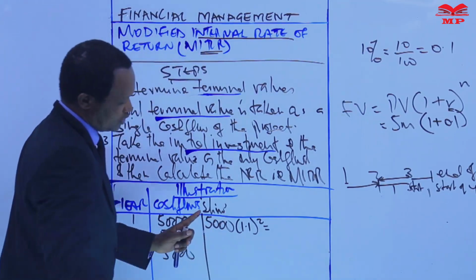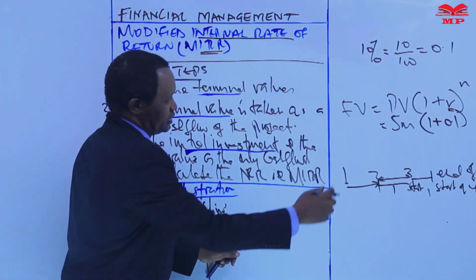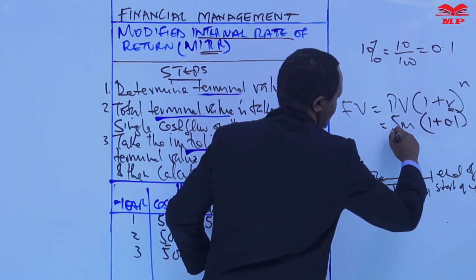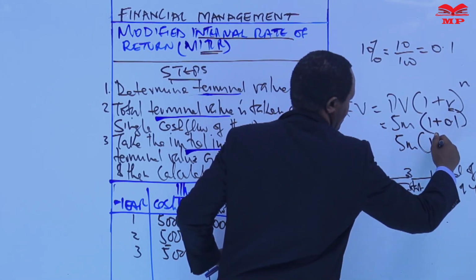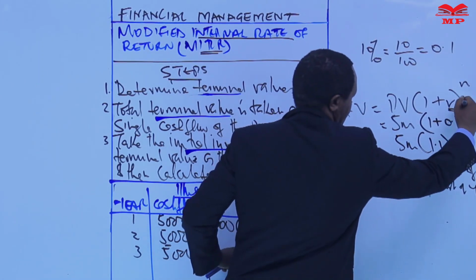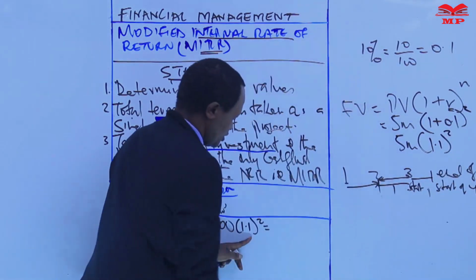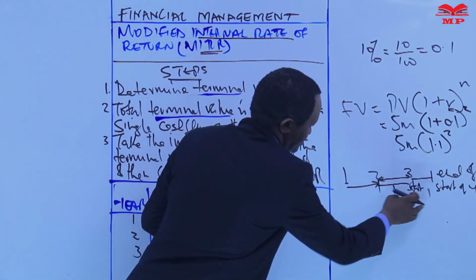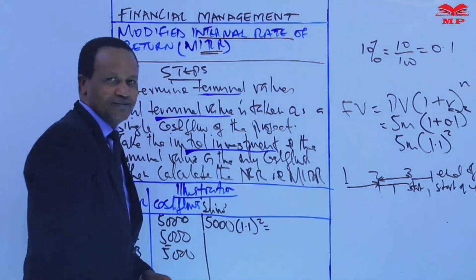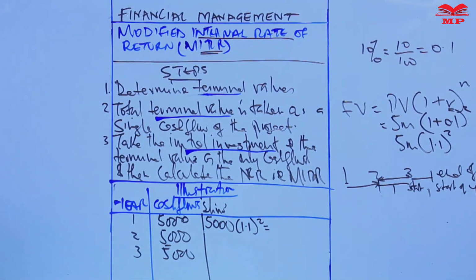So don't ask me where I got 0.1. This is where I got it. It is 5 million into 1 plus 0.1, which is equal to 1.1, then raised to 2. And don't ask me where I'm getting this 2. The 2, I'm getting it here. Do you understand up to that point?